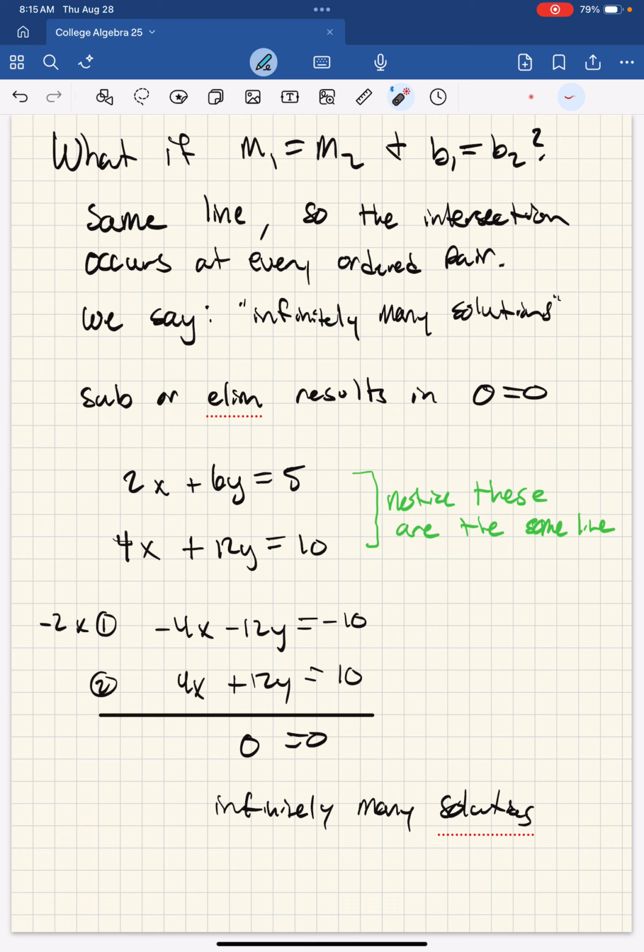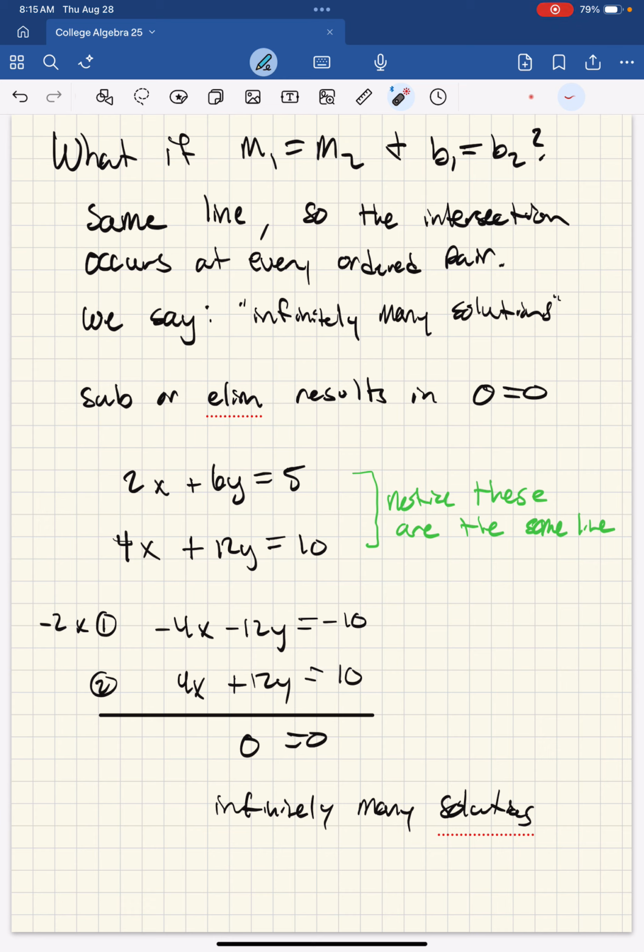And then what if we have lines where the slopes are equal and the y-intercepts are equal? Well, to me, this means that they are the same line. So I guess you could think of it as two different lines stacked on top of each other.